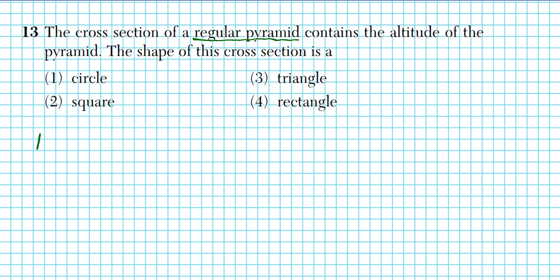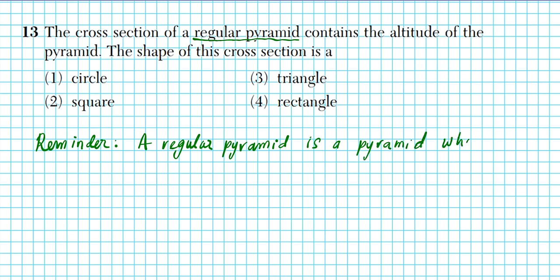So a real quick reminder of the definition of a regular pyramid. A regular pyramid is a pyramid whose base is a what? What do you think? Look at the name regular pyramid.